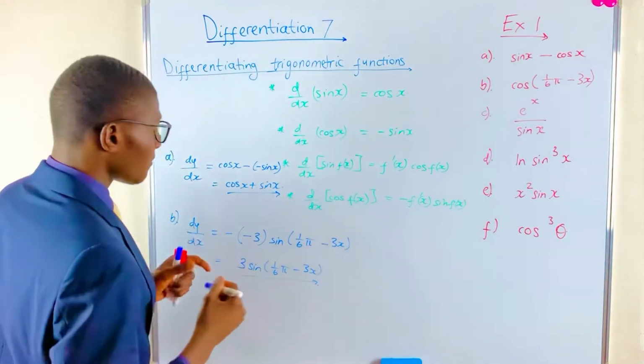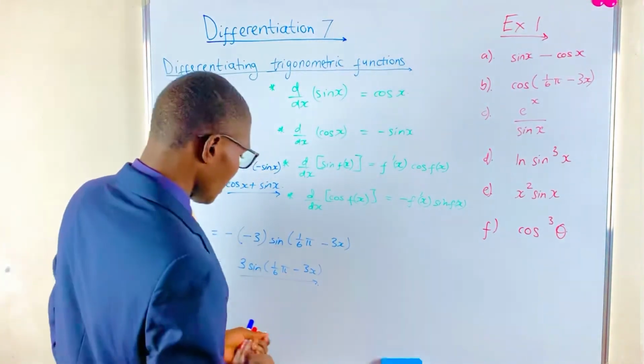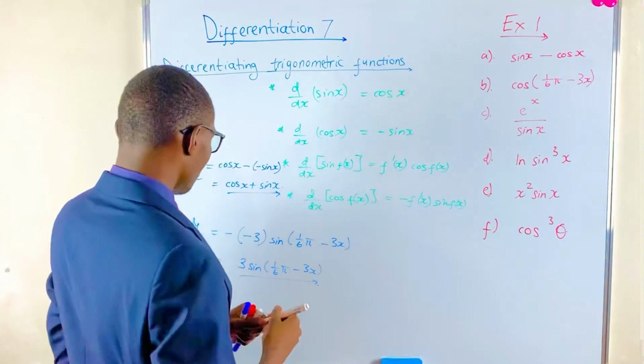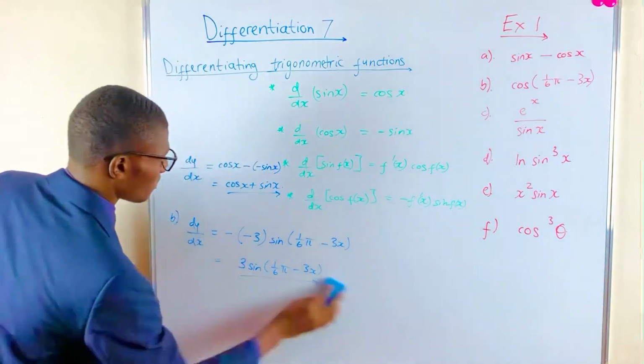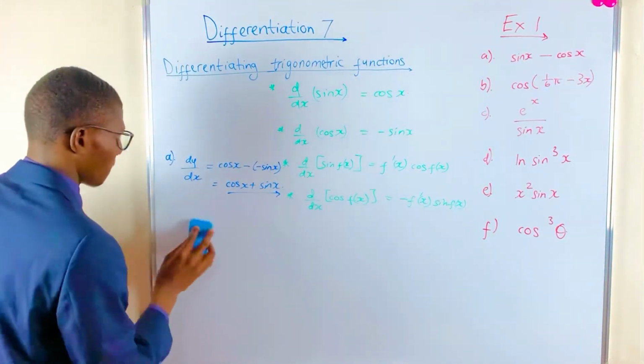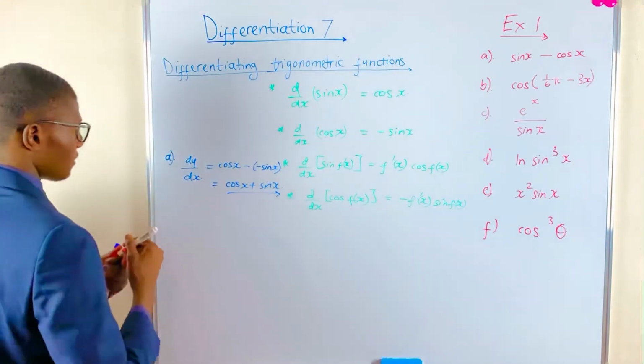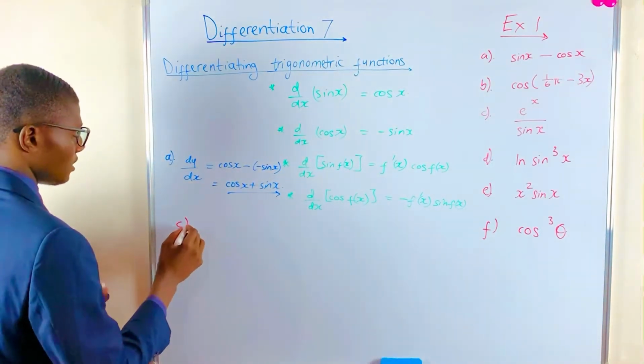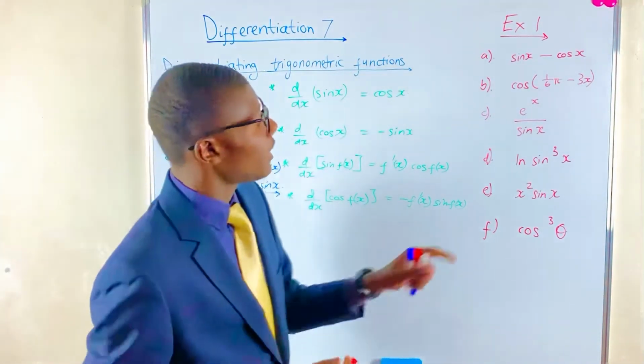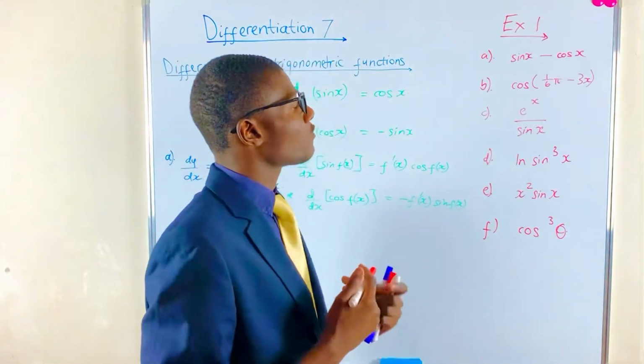Now for the third part, part C, we've got e to the power of x over sine x.